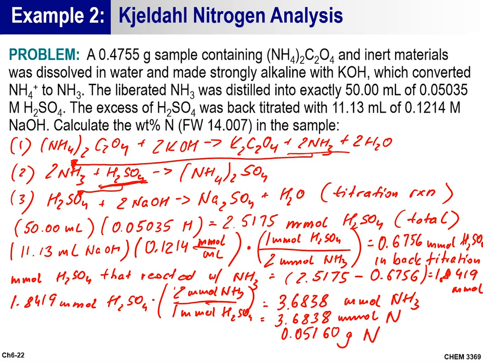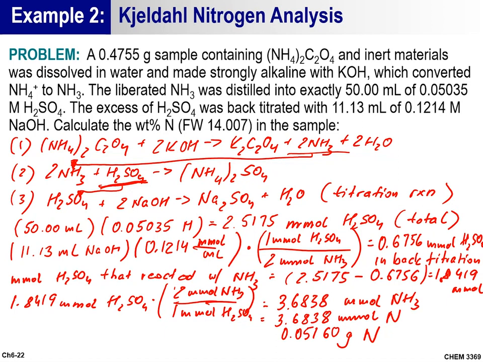And then the mass of the nitrogen divided by the mass of the sample will give us the weight percent of nitrogen in the sample.